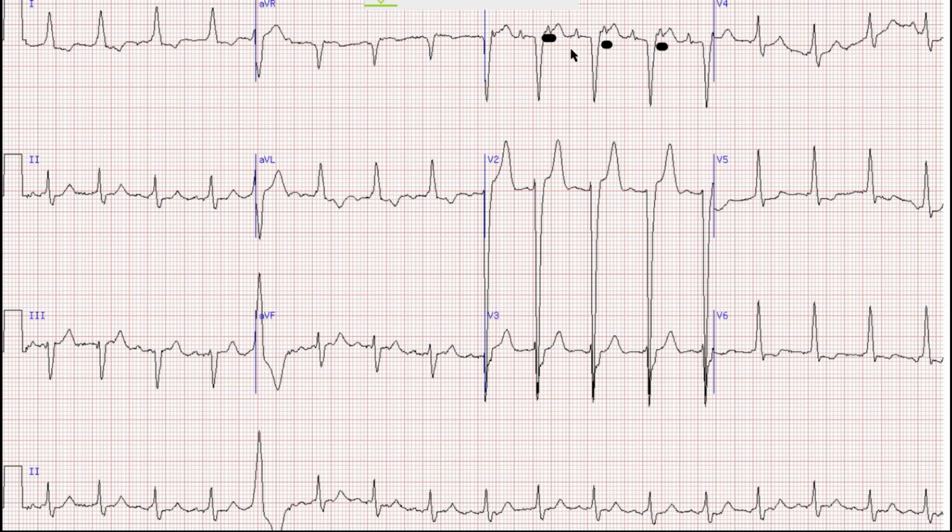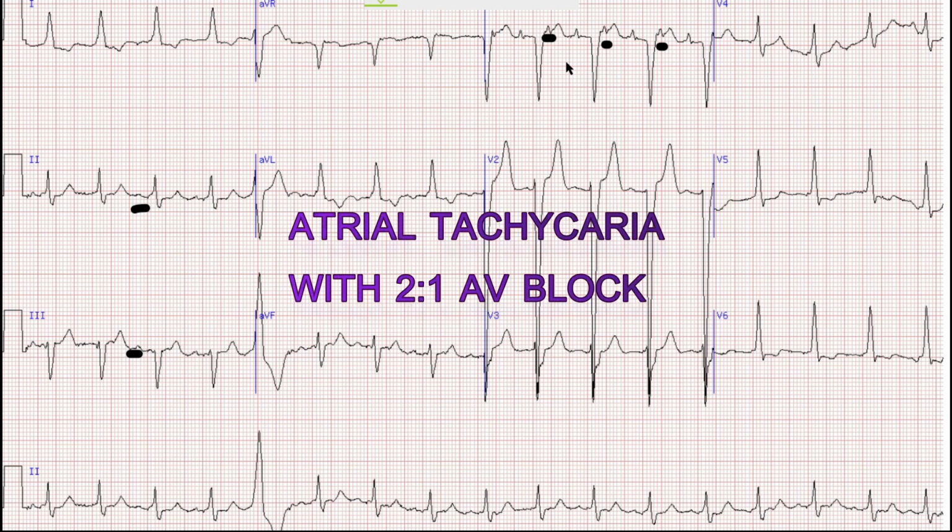Also, in case of atrial flutter, there should be negatively deflected P waves in inferior leads like lead 2 and lead 3 because the atrial waves are positive in lead V1. So this is most likely an atrial tachycardia with 2 into 1 AV block.